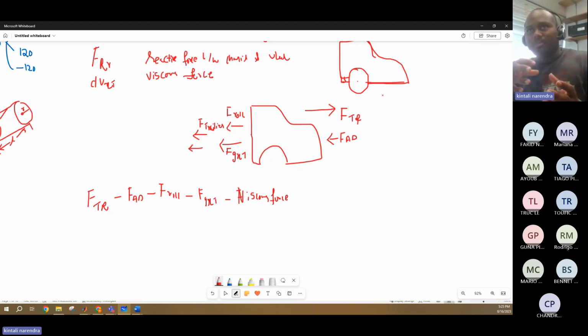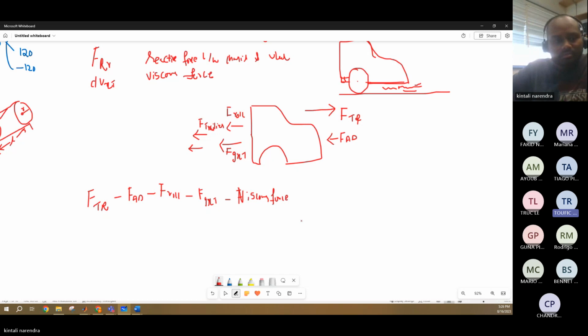Even though you consider aerodynamic force acting on the chassis, the air escaping here, the airflow, gives some force called viscous force, which is also acting against the vehicle.